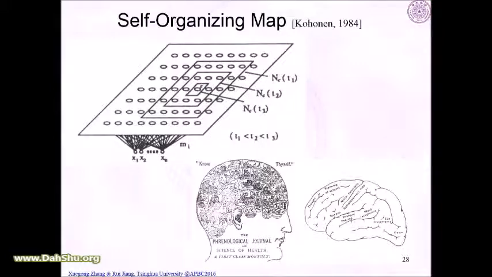There is another neural network for unsupervised learning, the so-called competitive learning, the self-organizing map, which was developed by Professor Kohonen of Finland. I will not go through the details. Basically, they have an array of neurons arranged on a plane.